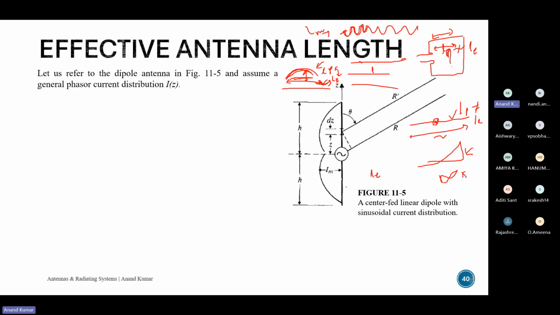One of the things which I missed saying is that this effective length is actually dependent upon the current distribution over the antenna.